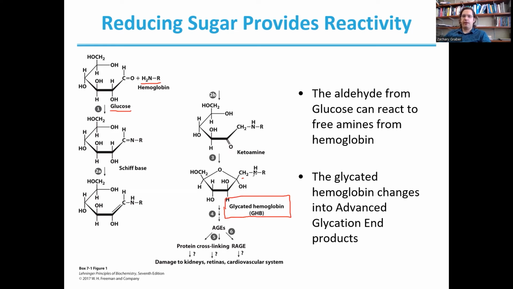So we actually have a covalent bond produced. I mean, we could, of course, reverse the reaction and eliminate that glucose, but it's not going to come off without some sort of reaction. So if we have a high blood sugar concentration, that will push this reaction forward and produce more of our glycated hemoglobin. So glycated hemoglobin is produced at high blood sugars.